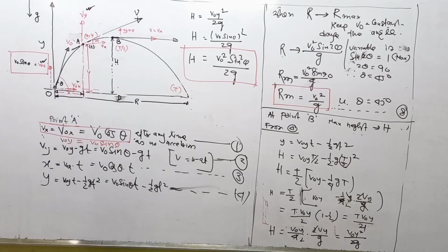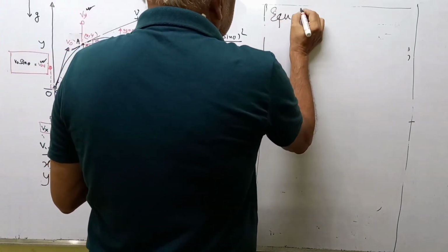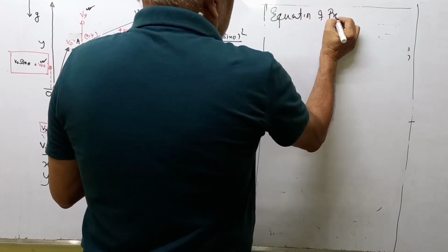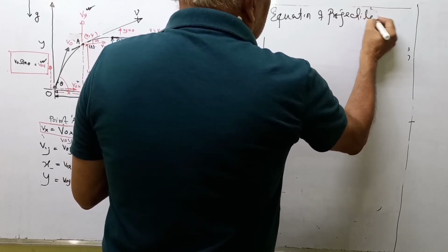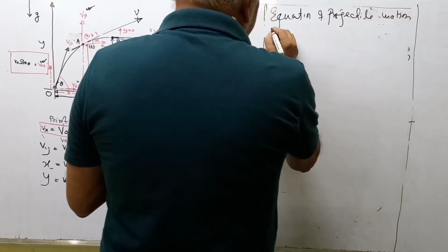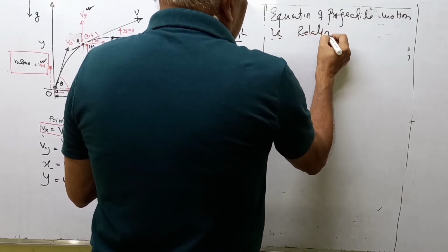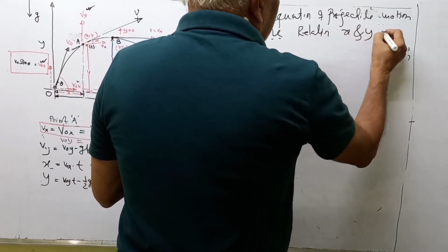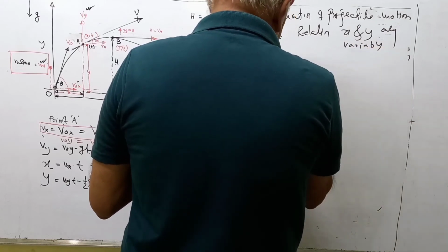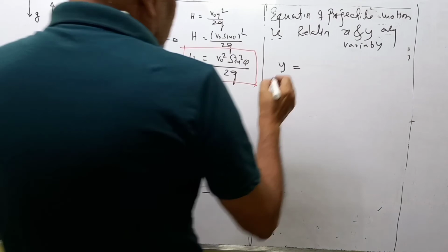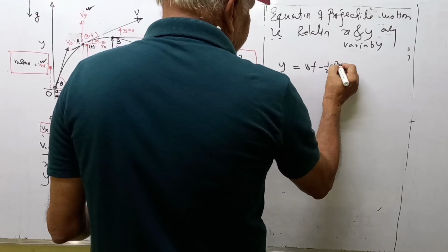What is required to us? The equation of projectile motion, that is the relation between x and y only as variables. We have y equal to v0y into t minus half g t square.